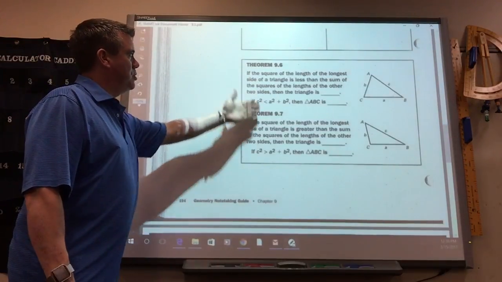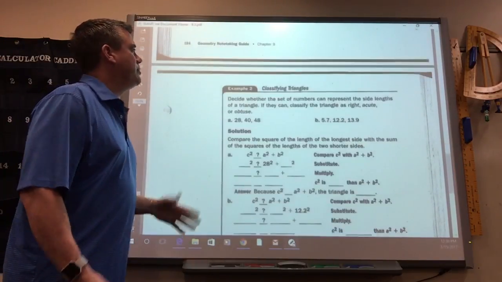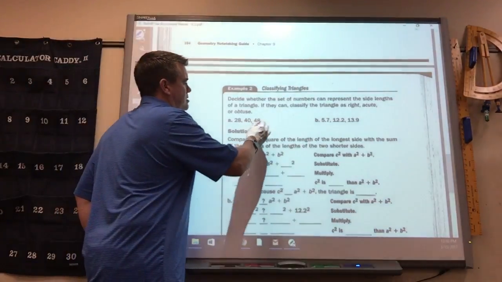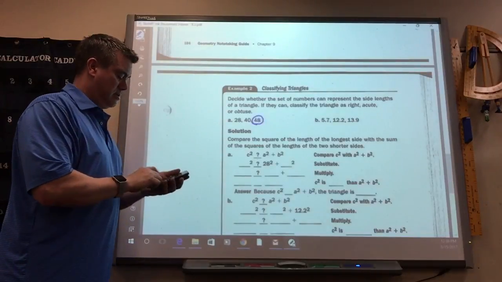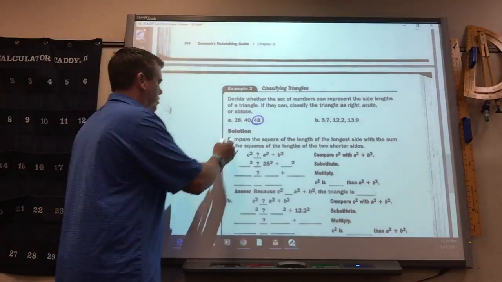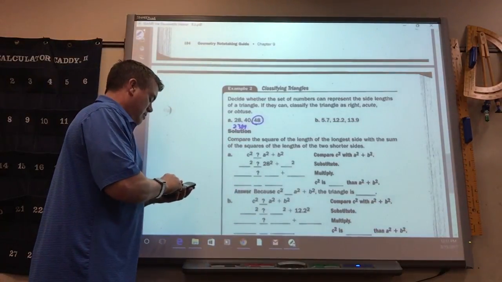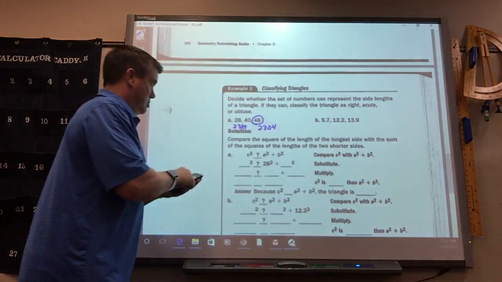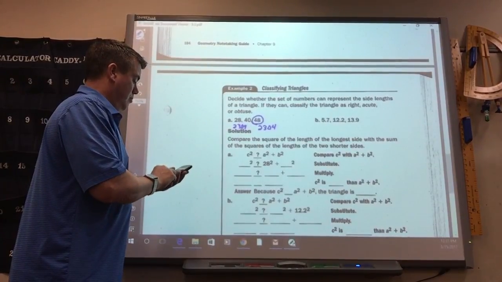Okay, so those are the 2 theorems I just showed you to tell whether they're acute or obtuse. So here is where they just give you the 3 lengths. This is the longest. So 28 squared plus 40 squared is 2384. 48 squared is 2304. Make sure I got that right. Yep.